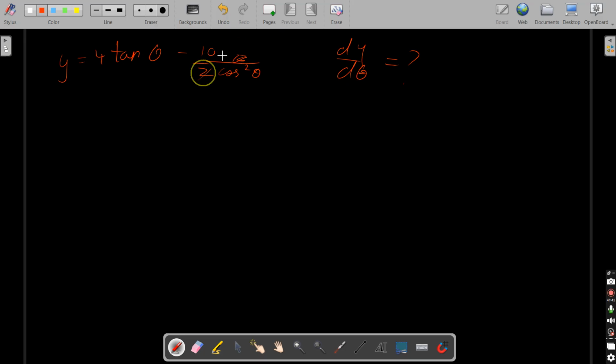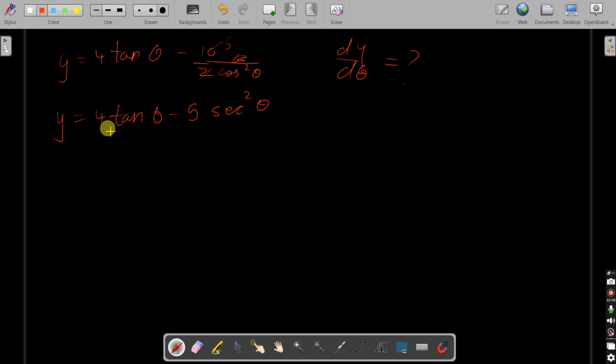So this will cancel out by 5, and 1 upon cos square theta will be sec square theta. So let me simplify y. y is equal to 4 tan theta minus 5 sec square theta.